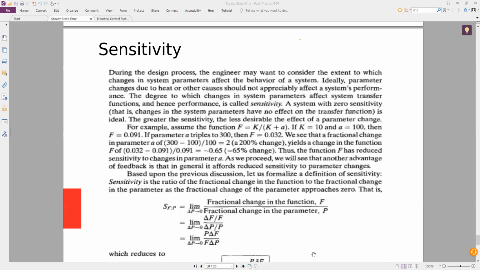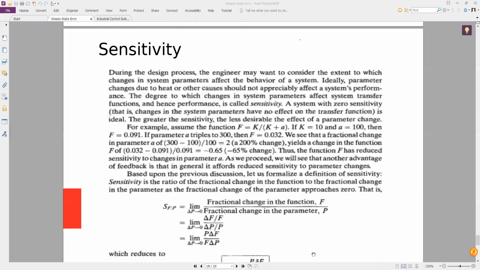For example, assume the function F is equal to K by K plus a. If K is equal to 10 and a is equal to 100, then F would be 0.091. If parameter a triples to 300, then F equals 0.032. We see that a fractional change in parameter a from 100 to 300 is a 200% change.